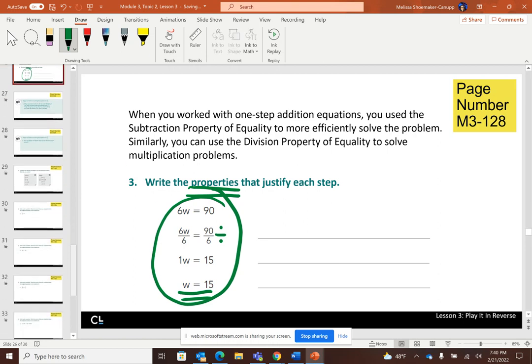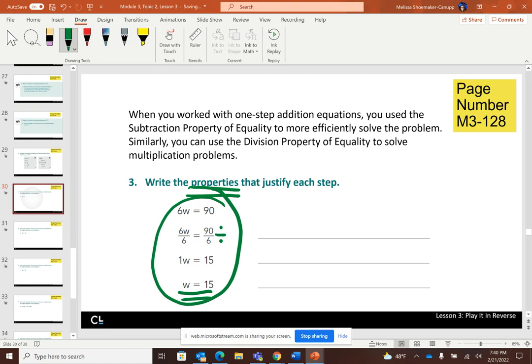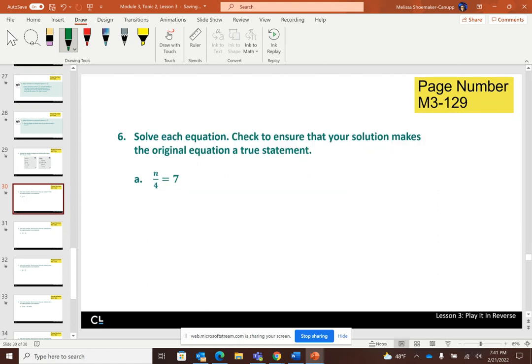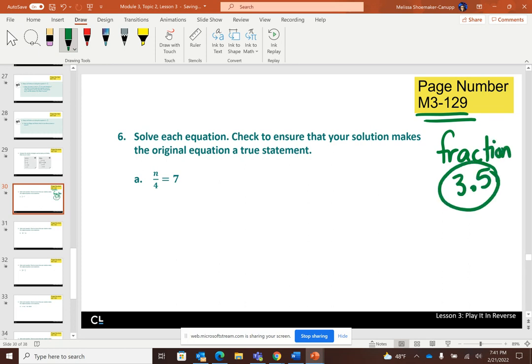Okay, so I'm going to jump all the way to M3 129. Now this one's tricky because we have a fraction again. So working with fractions, we're kind of bumping up that 3 to maybe a 3.5 level of difficulty. Remember what I told you in the other video, when I have n over 4, that's the same thing as 1/4 times n equals 7.